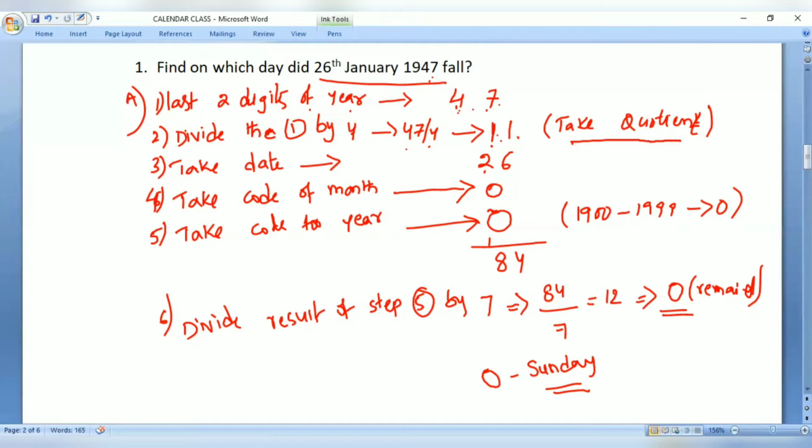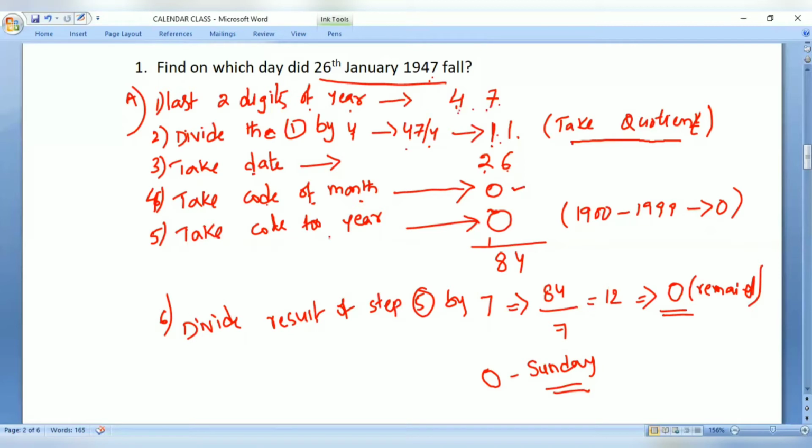Remember, quotient, that is 11. Now take the date. What is the date here? 26. Next, take the code of the month. For January to December, we have assigned some code numbers. January, February, and March is coded as 033. October, November, December is coded as 035. Then April to September, 614, 625. So accordingly, the January code is taken as 0.